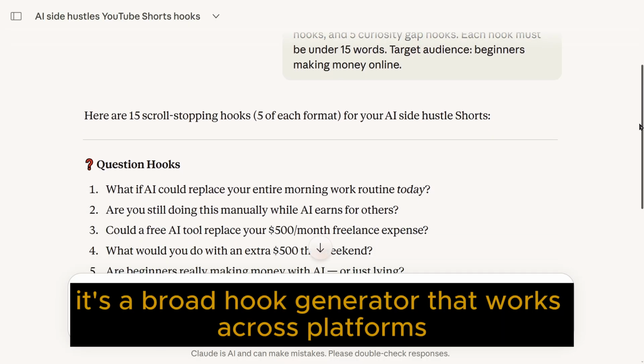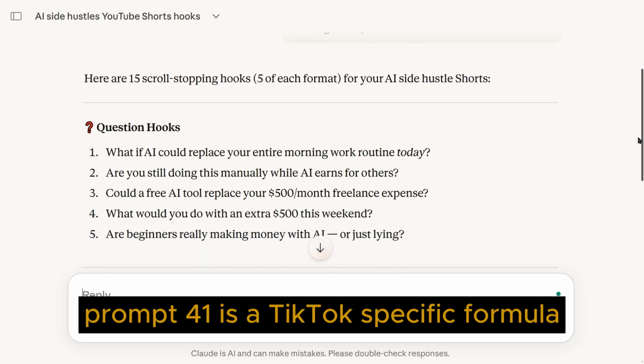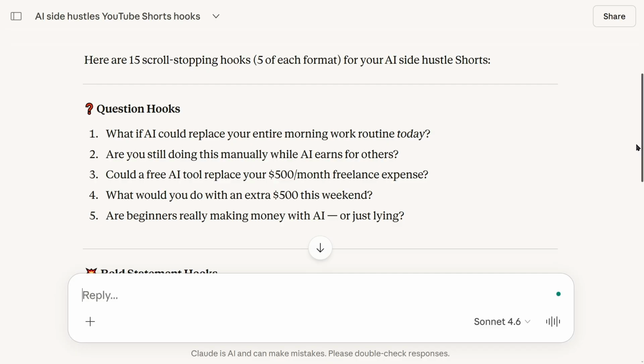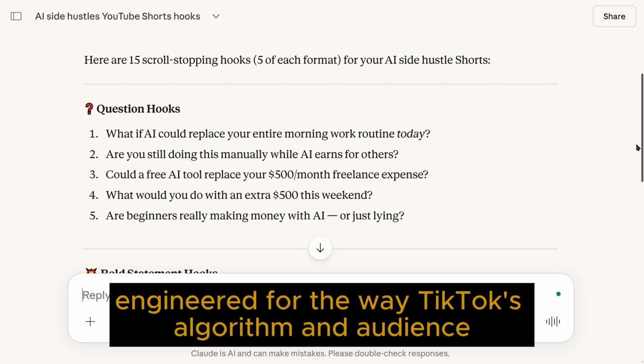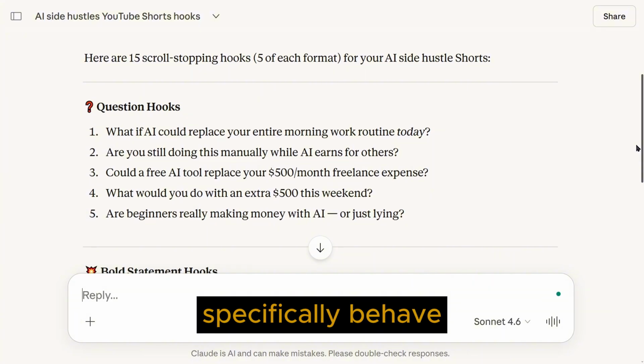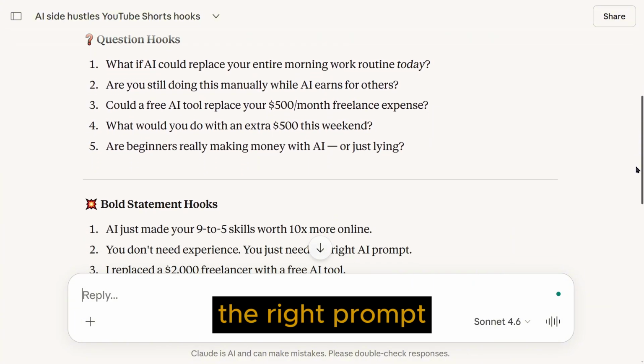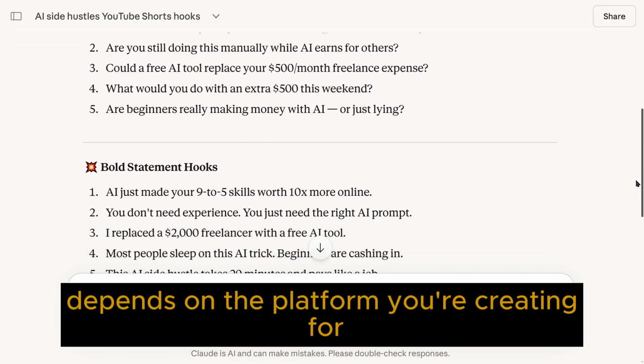It's a broad hook generator that works across platforms. Prompt 41 is a TikTok-specific formula that targets 5 psychological triggers, engineered for the way TikTok's algorithm and audience specifically behave. Same goal, different tools.